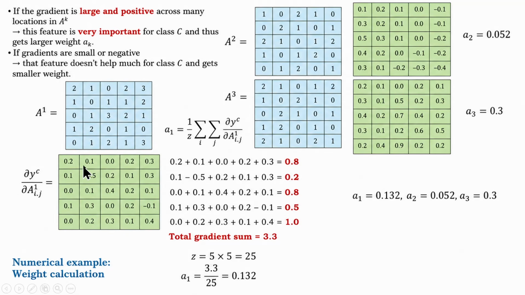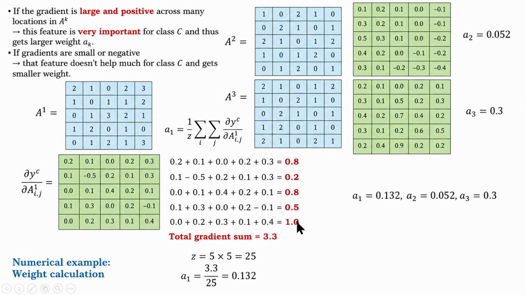So we add all these row values, 0.2 plus 0.1 plus 0.0 plus 0.2 plus 0.3. We get 0.8. Similarly, we add along the horizontal axis and the vertical axis, meaning row wise and column wise, for I and J.